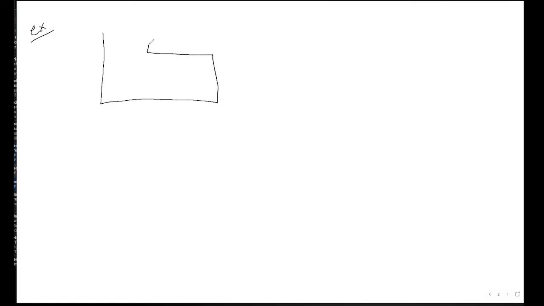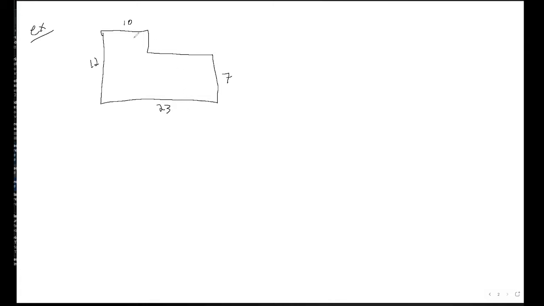Have we found the perimeter and stuff of things like this before? Yeah. So we can find the perimeter. Even if we don't know these dimensions, we could probably still find the perimeter, right?